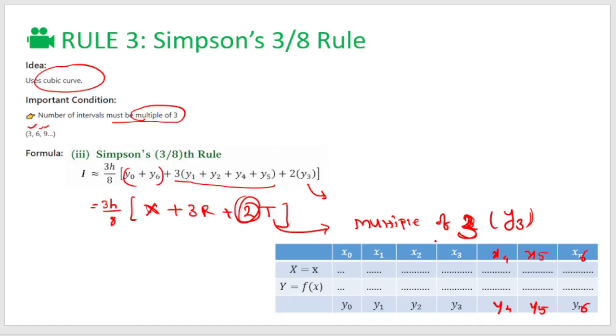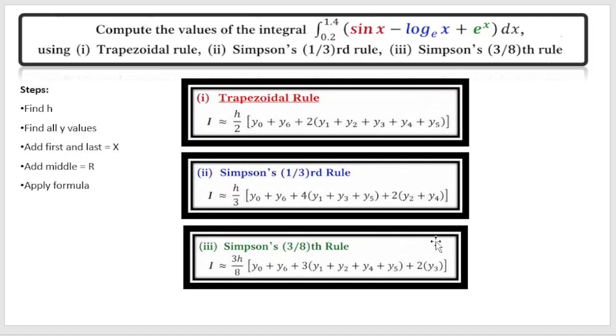Now we will move to the example. Let me solve one example using all 3 rules. This is the example we are going to solve. We have to integrate this function using the trapezoidal rule, Simpson's one-third rule, and Simpson's 3 by 8 rule. These are the 3 rules we have written over here. The first part, capital X, is common in all 3 rules.